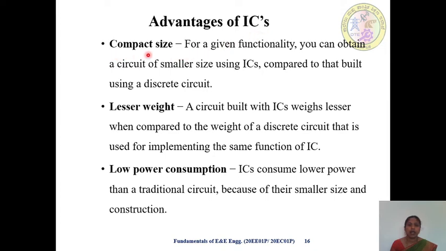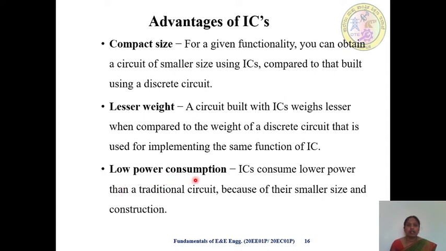Compact size: for a given functionality, you can obtain a circuit of smaller size using ICs compared to that built using a discrete circuit. Lesser weight: a circuit built with ICs weighs less when compared to the weight of a discrete circuit used for implementing the same function.